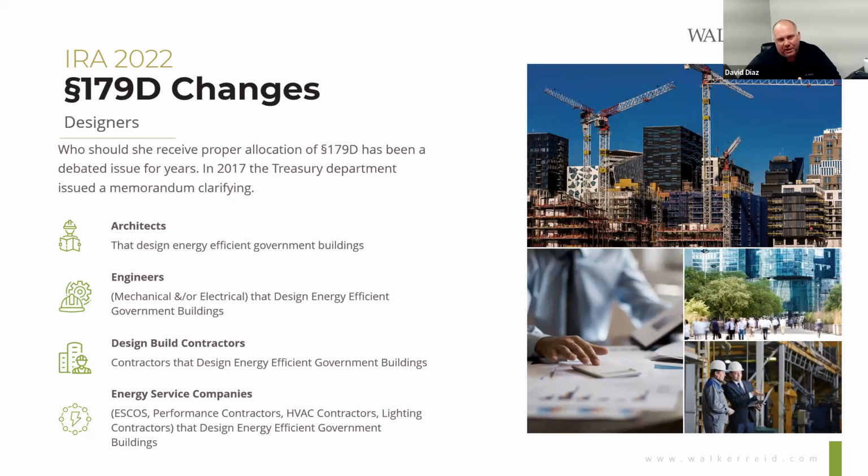So a little bit on the definition side, when I say energy efficient commercial building property, it's a tax term. I'm speaking from a point of view of the actual tax code definition of the energy components that are applicable for Section 179D. And those are real property components consisting of lighting, HVAC, building envelope, hot water systems. And they can be either new construction or in the form of a retrofit or a renovation.